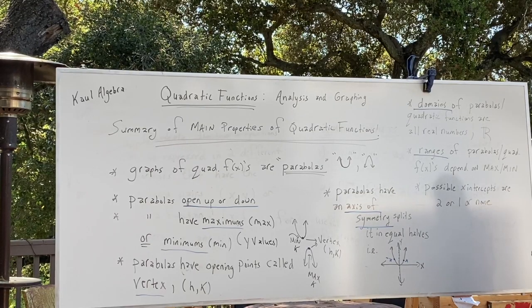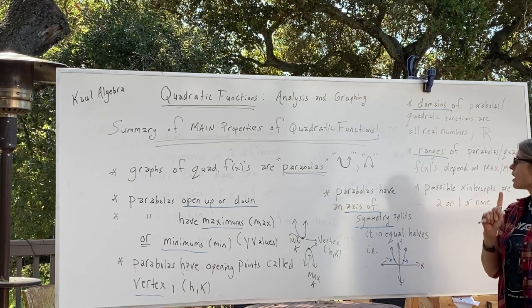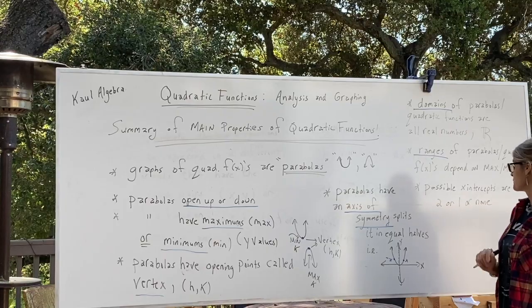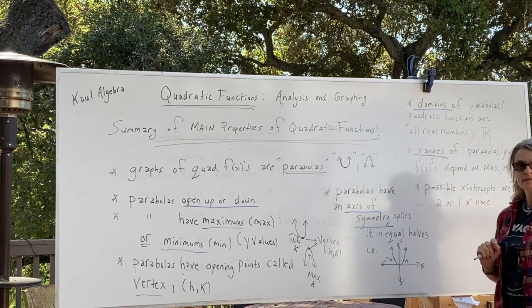So let me explain this for a minute. Your x-intercepts depend upon whether the solutions for your quadratic formula for which you're finding these intercepts are going to be 2 real solutions, 1 real solution, or 2 complex solutions. If they're complex, there are no x-intercepts.